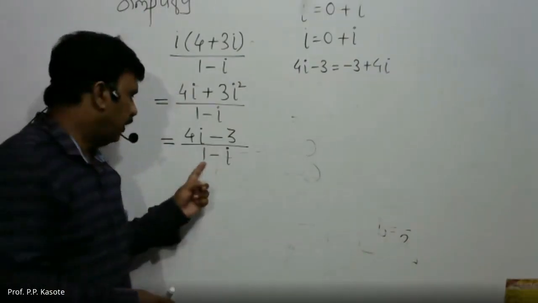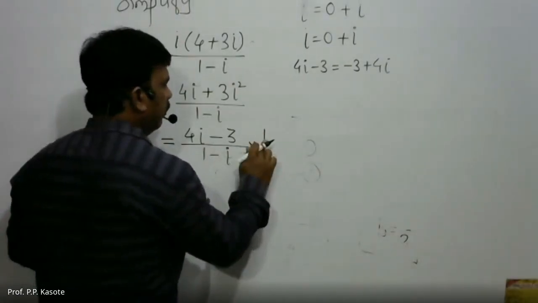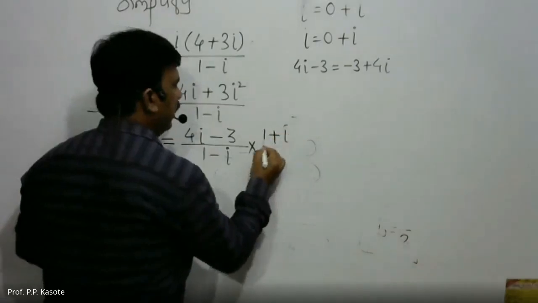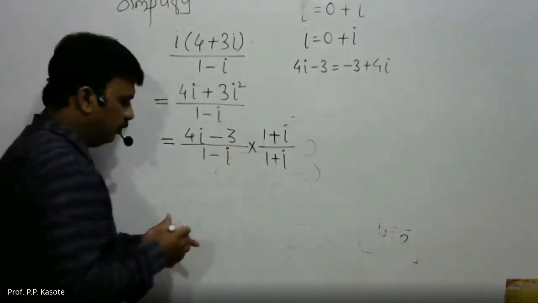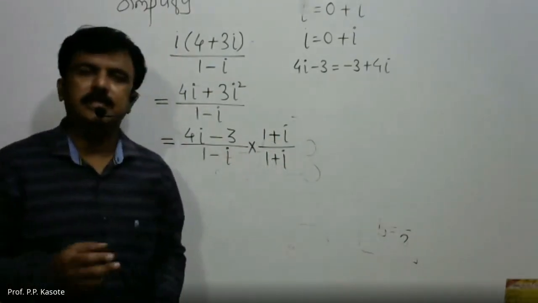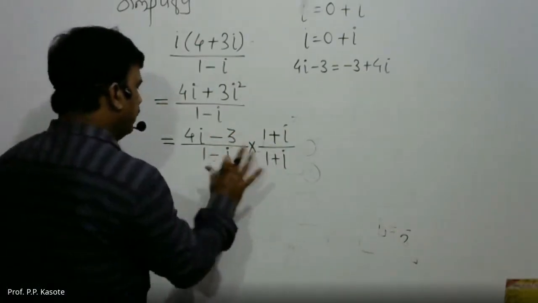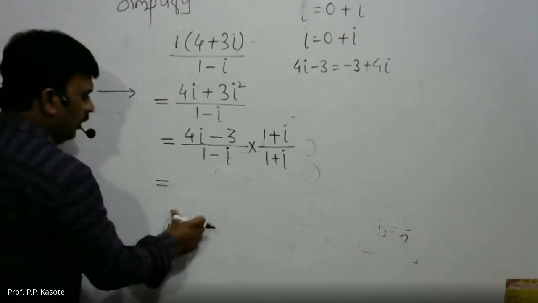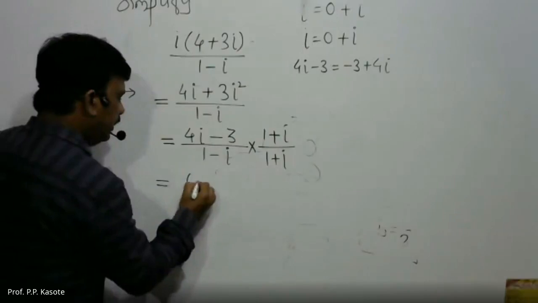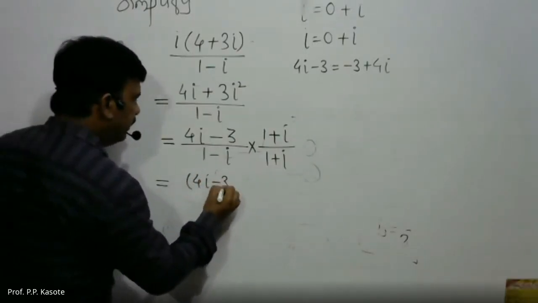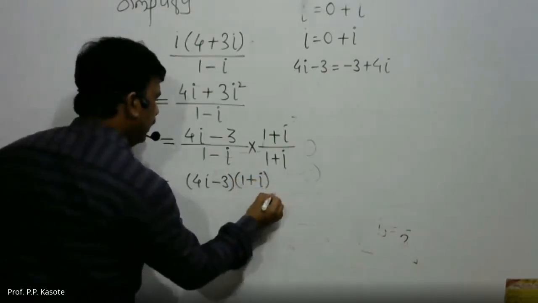It is 1 minus i, so we'll take 1 plus i. 1 plus i upon 1 plus i. न्यूमरेटर को और डिनोमिनेटर को दोनों को हम लोग 1 प्लस आई से मल्टीप्लाई करेंगे. Now such type of multiplication is really very easy. In this we multiply numerator with numerator and denominator with denominator. तो यहां पे 4i माइनस 3 को 1 प्लस आई से मल्टीप्लाई करेंगे.